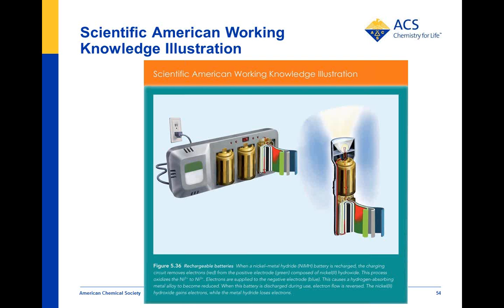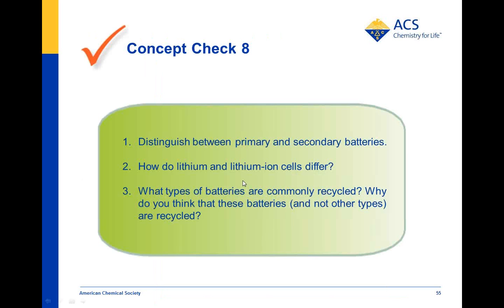Right, we get on to the concept check. Students are being asked to look back and compare or distinguish between primary and secondary batteries. They look at lithium and lithium-ion cells, and then they're looking forward to recycling and thinking about the life cycle of batteries.